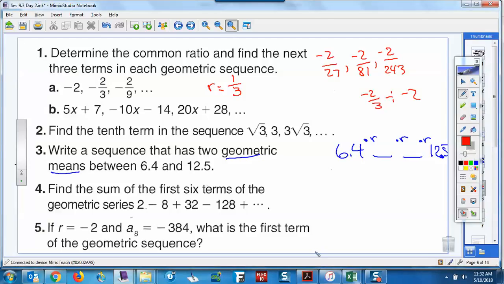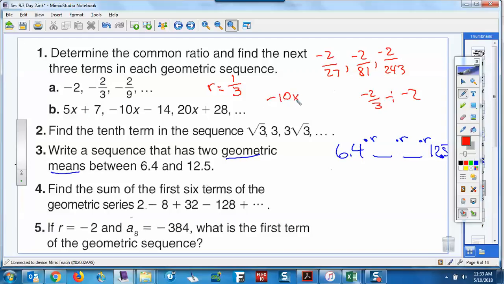If the question was, is it a geometric sequence, you would want to double check by dividing back all of them that were there. So -2/9 divided by -2/3. Oh yeah, that's 1/3. -2/3 divided by -2. It's 1/3. Okay? All right, what about this one? What'd you get for the ratio here? -2.